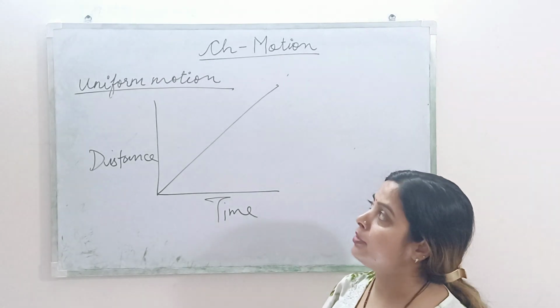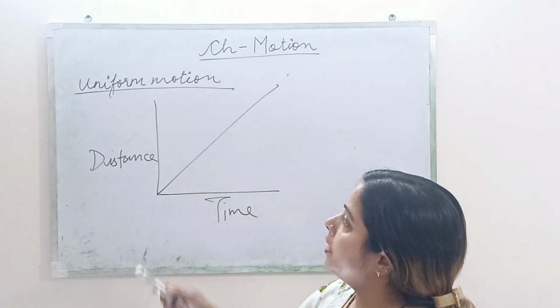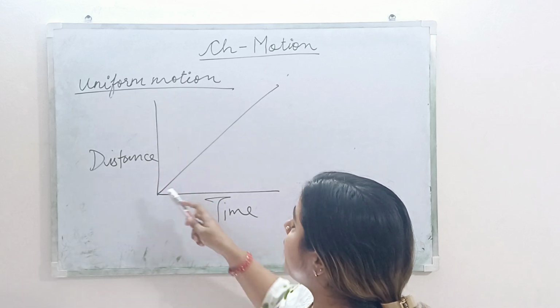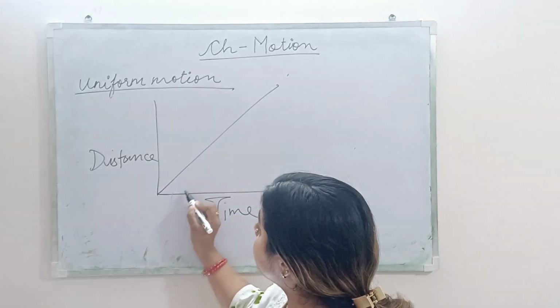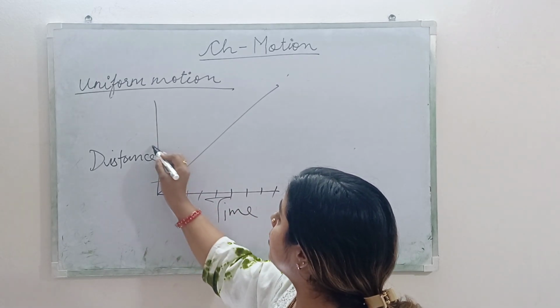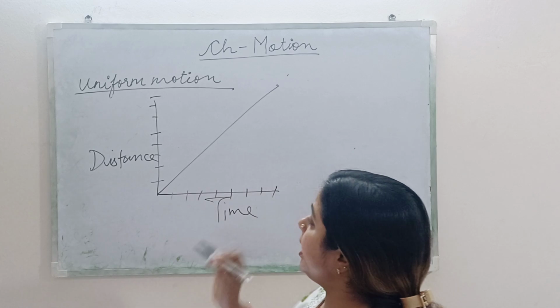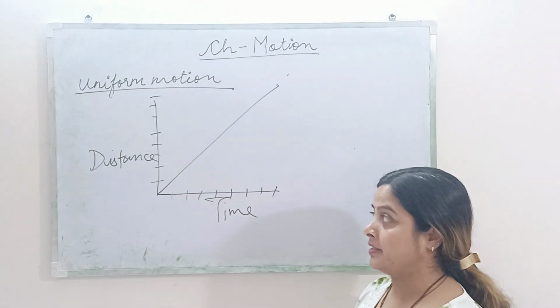Okay, this you have to remember, children. This is very important. In uniform motion, distance time graph is a straight line, because in each equal time, the body covers equal distances. Fine.